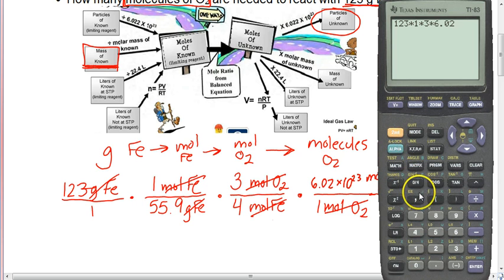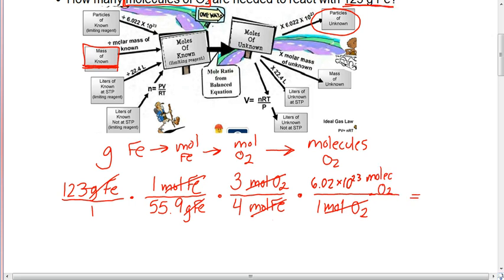We'll use the E button so we don't have to use parentheses, E23, divided by 55.9 divided by 4. And I got 9.93 times 10 to the 23rd. Everybody always leaves this part off at the end, but you should know that if you're calculating molecules, it's going to be a pretty darn big number. So that's the number we will write as our answer.